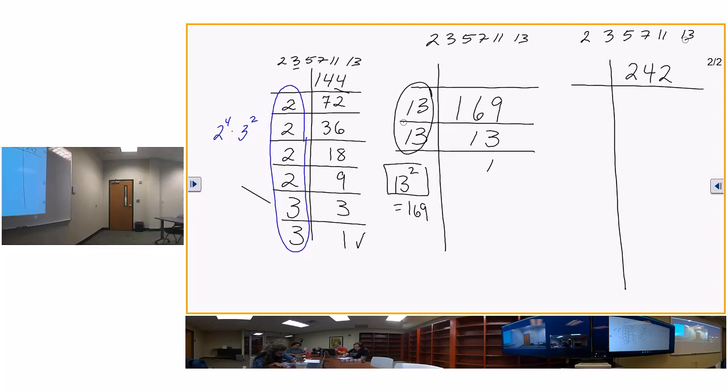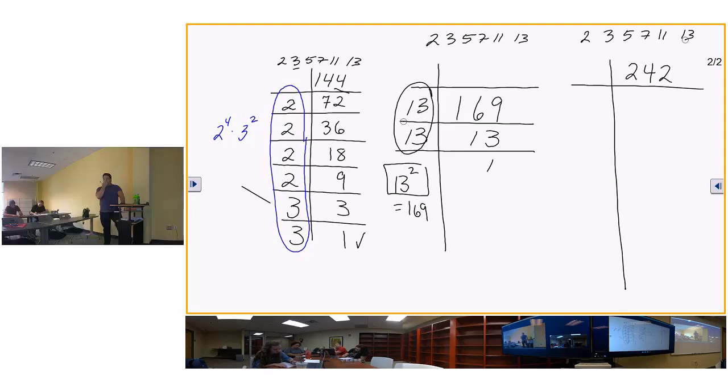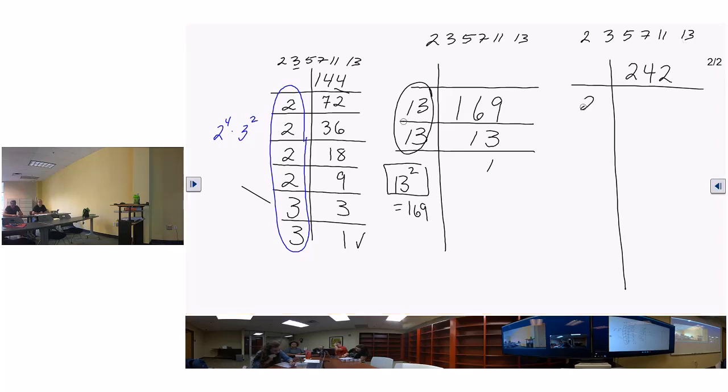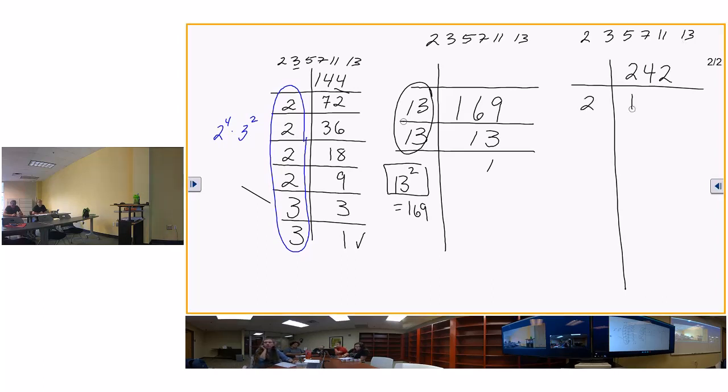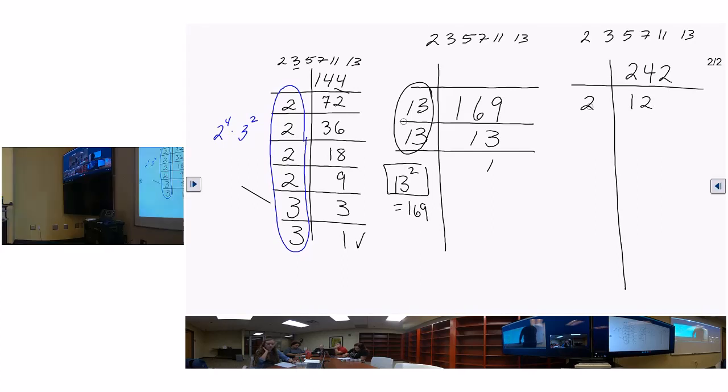So you know it's divisible by 2, so 2 will go into 2 1 time, 2 will go into 4 2 times, 2 will go into 2 1 time. So I'll go ahead and do the 2 for you.